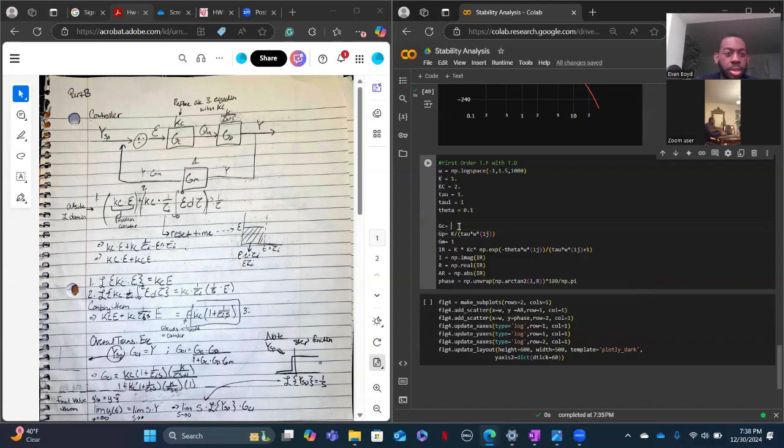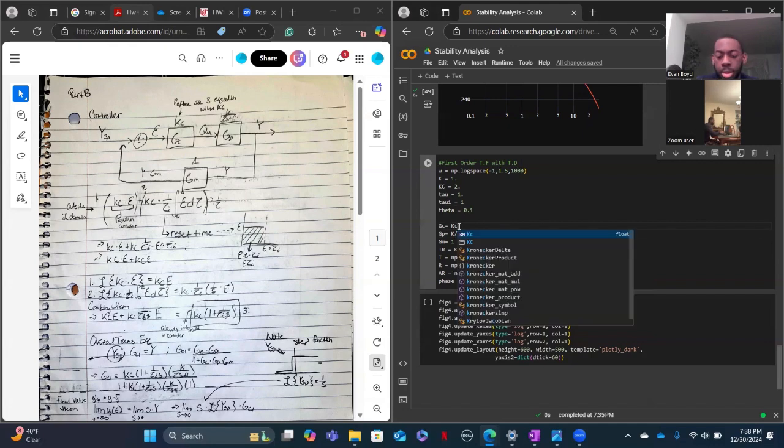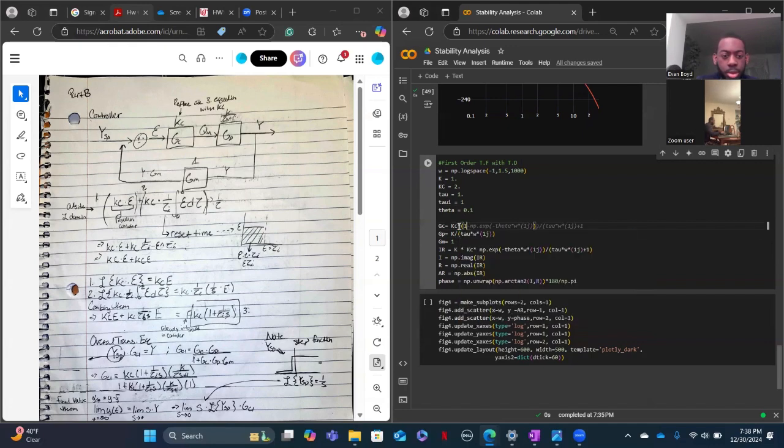And then our GC will just be KC times 1 plus 1 divided by tau I times omega times 1J. The reason we're using 1J instead of just J for imaginary numbers is that Python doesn't like an imaginary number without a coefficient, so we need to have a coefficient.